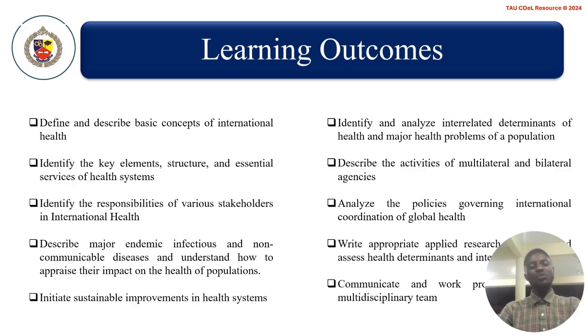Within the context of the course content, we should be able to define and describe the basic concepts of international health, identify the key elements, structure, and essential services of health systems, identify the responsibilities of various stakeholders in international health, describe major endemic, infectious, and non-communicable diseases and understand how to appraise their impact on the health of populations, initiate sustainable improvement in health systems, identify and analyze interrelated determinants of health and major health problems of a population, describe the activities of multilateral and bilateral agencies, analyze the policies governing international coordination of global health, write appropriate research, and also communicate and work in a professional and multidisciplinary team.